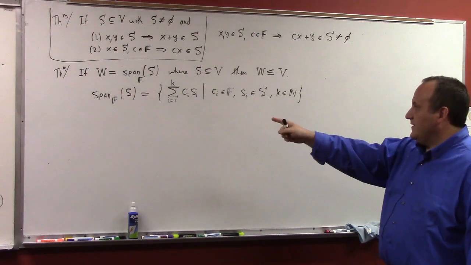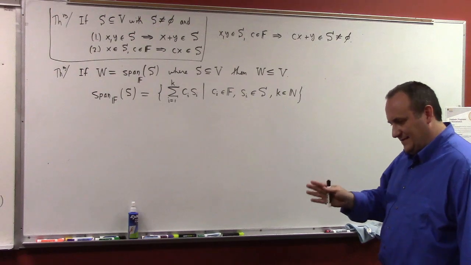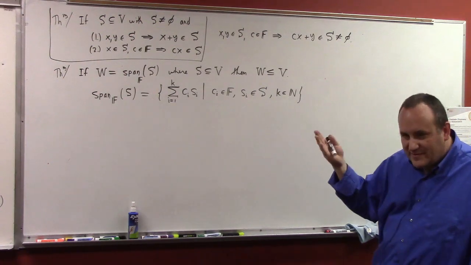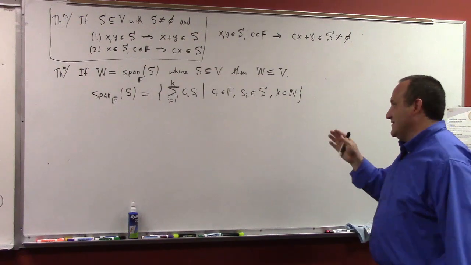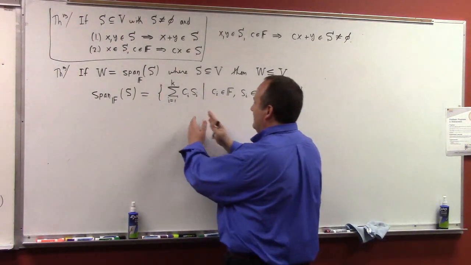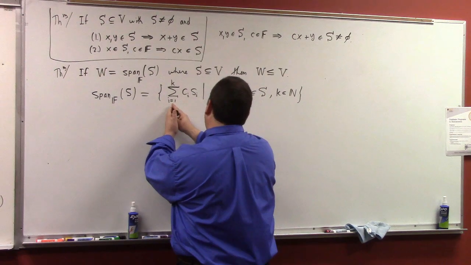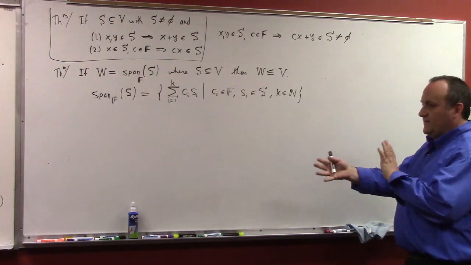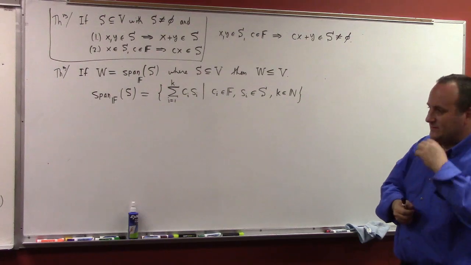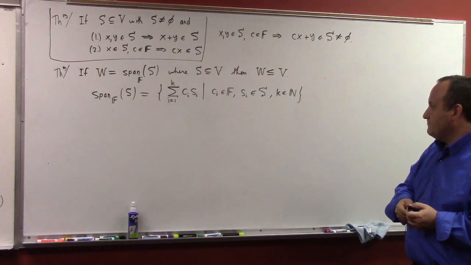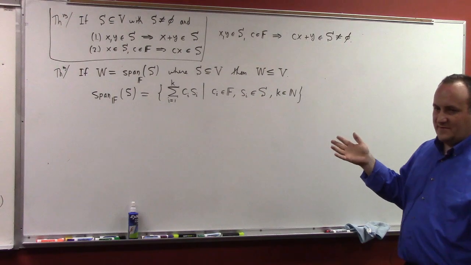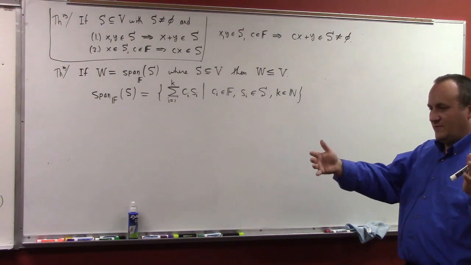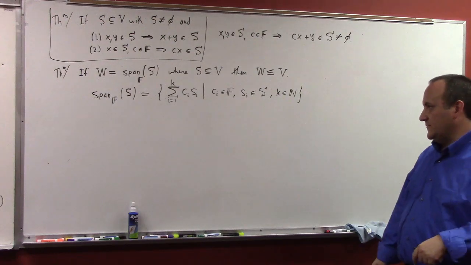Rather, when S is a finite set, you can just sum over all the elements in S. You don't need to index by K. If some of the coefficients are 0, you might say, well, I just need to sum 2 of them, but I've got 4. Well, okay, you sum 4, you just make 2 of the coefficients 0, same difference, right?